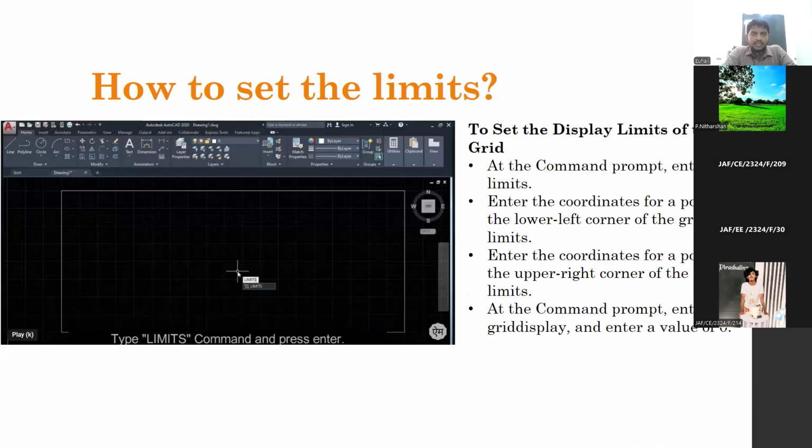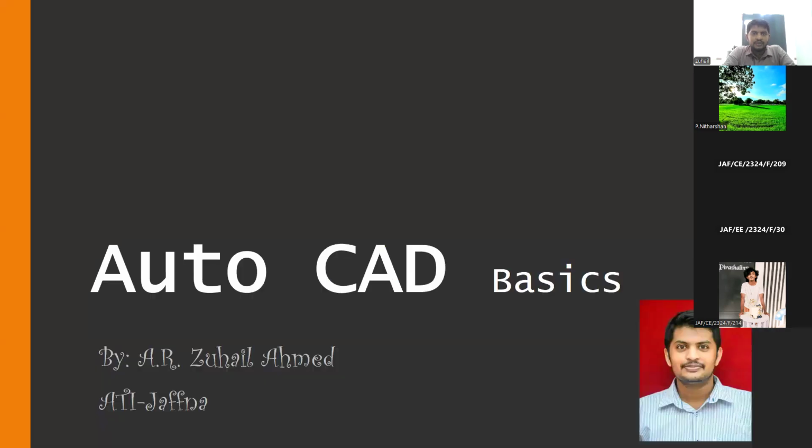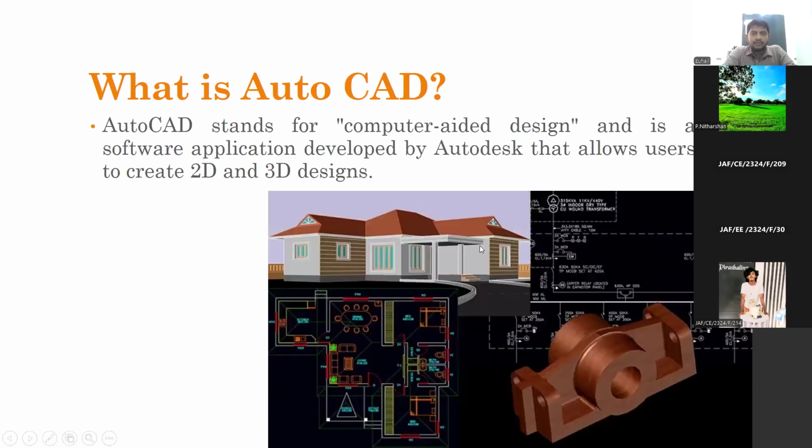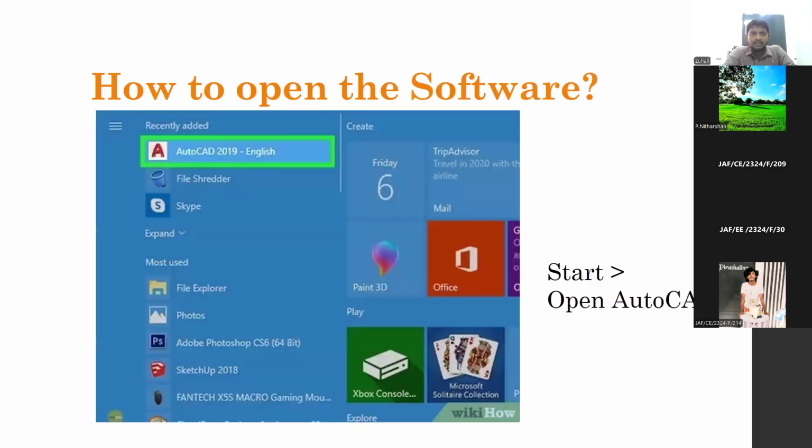Okay, as a summary, first of all, the way of installing, I already told you: by watching the instruction video from this link, you can go and install. There are videos there. Then you have to know what AutoCAD is, what you can draw from it, 2D and 3D designs.